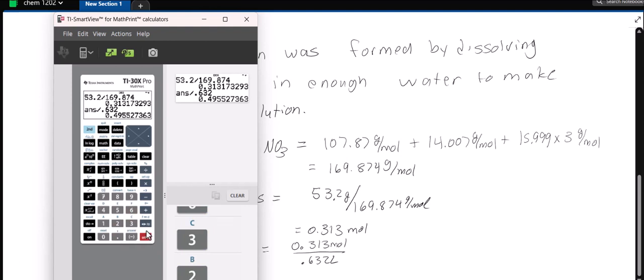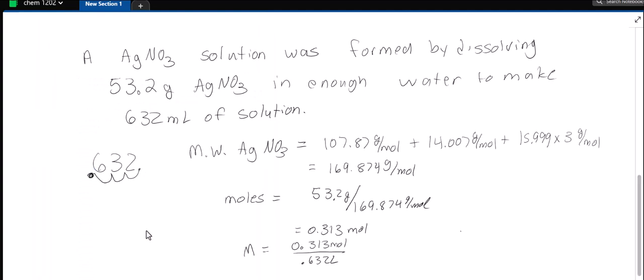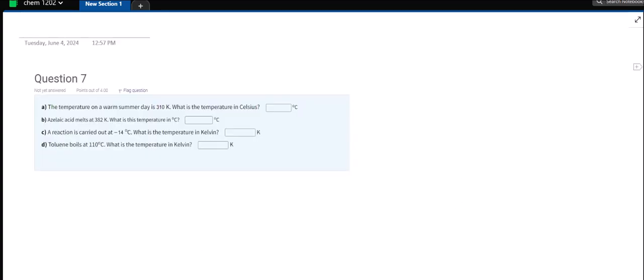And I get 0.496. Would be the molarity on that one. So that's how you do that one.